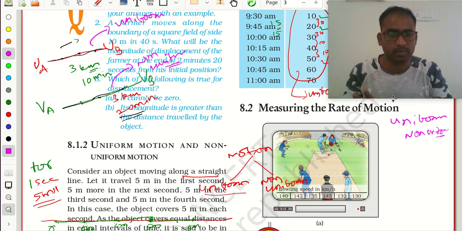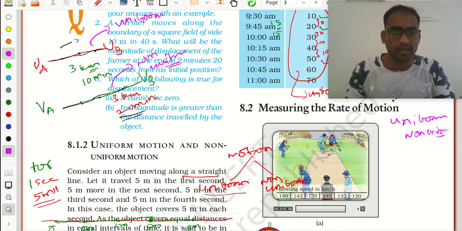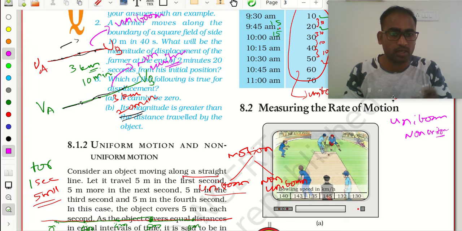So next, I need to measure the rate of motion. I am moving from one place to another place, what is my rate? In a particular unit of time, how much distance am I covering, that I need to know, na? So I need to measure the rate of motion.